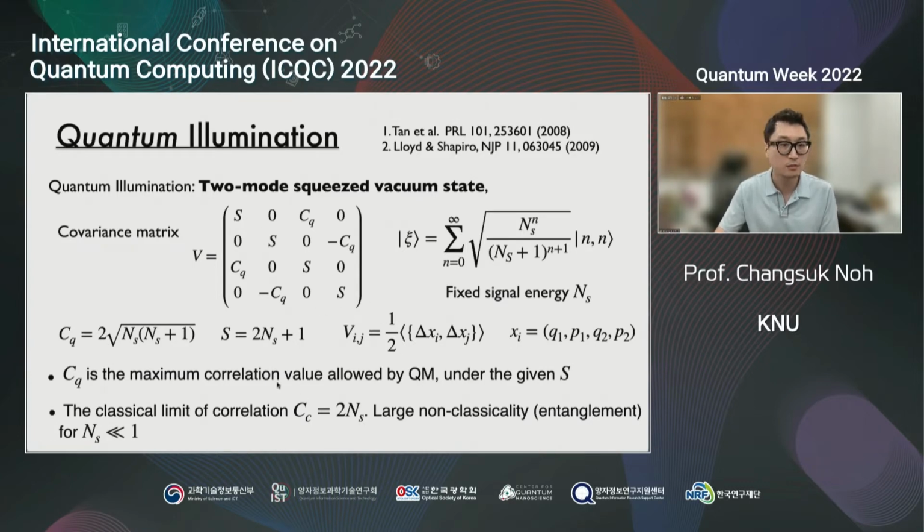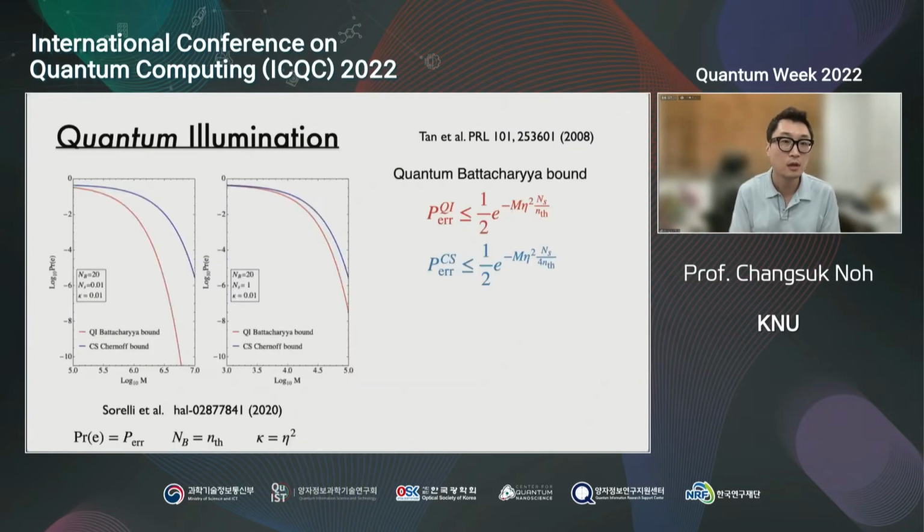The classical limit is 2ns. If you compare these two, you can conclude that large non-classicality requires a small signal photon number. It's a little bit unintuitive, but this will show up in our results on quantum illumination.